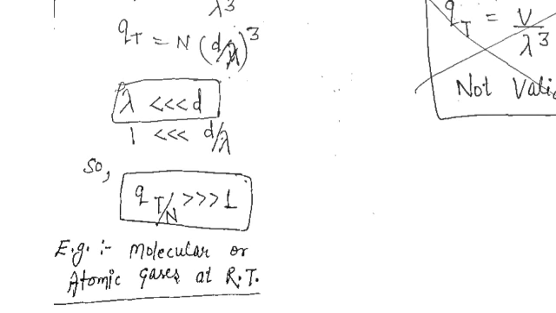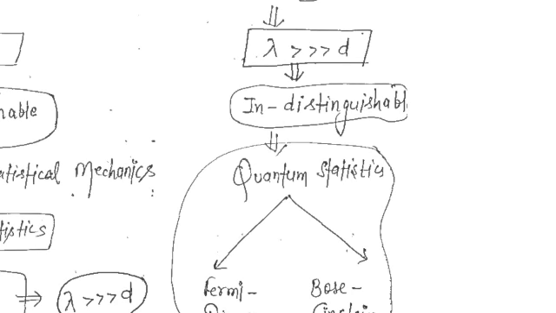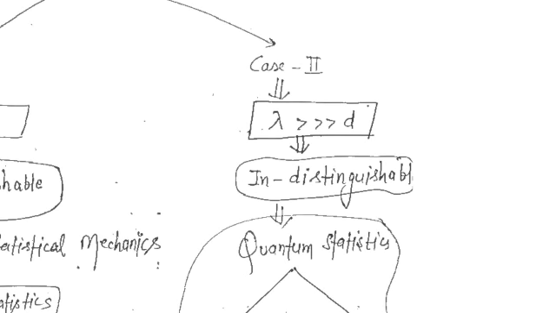Alright, now case number 2. If lambda is greater than d, meaning the distance between the particles is very less than the wavelength, then those particles cannot be distinguished.